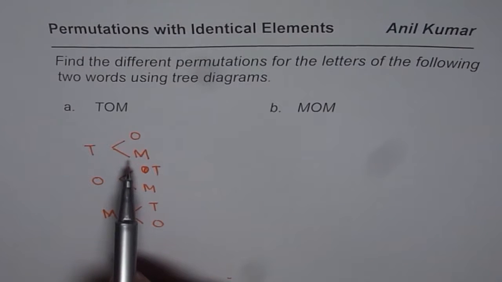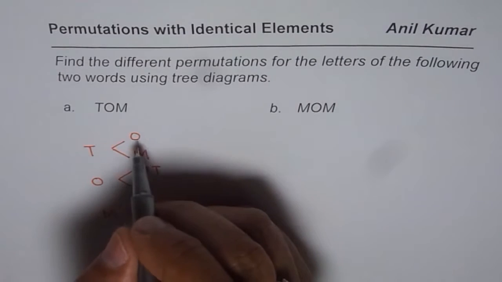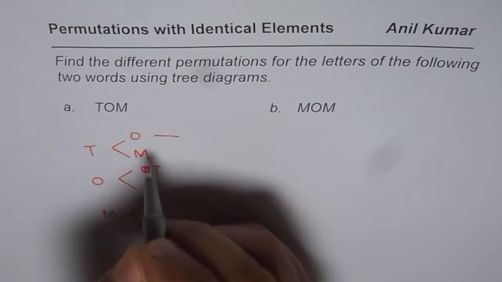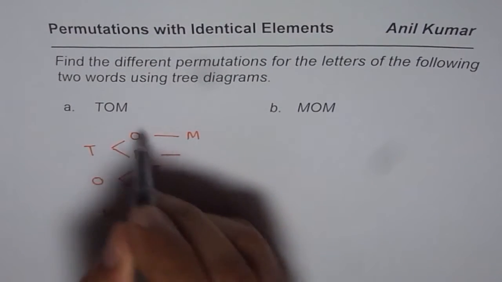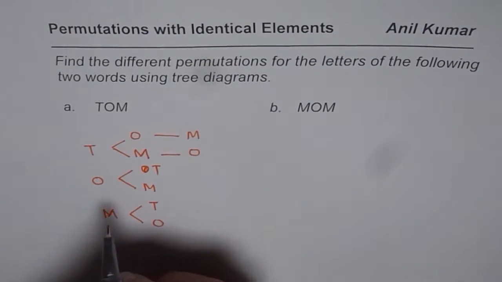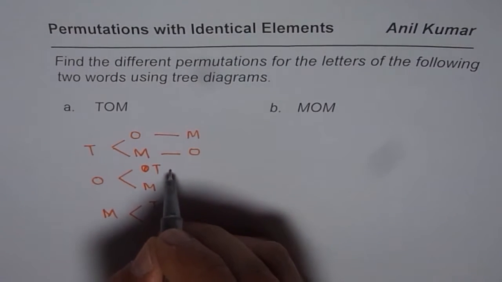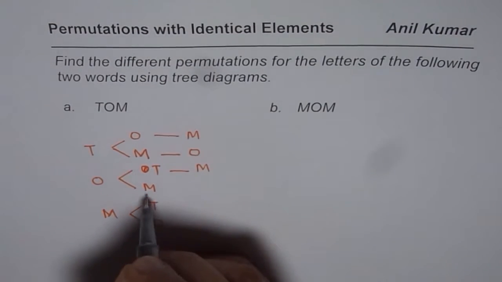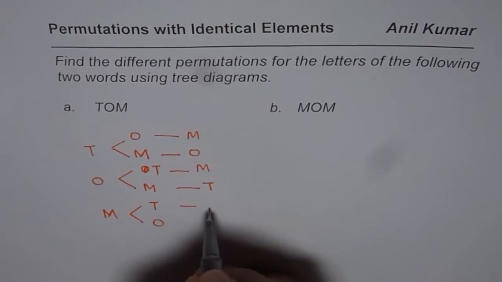Now the third letter: if you take O, then you're left with M, and if you take M, you are left with O. In case of starting with O, if you take T, you're left with M, and if you take M, you're left with T. In this case, you're left with O or with T.